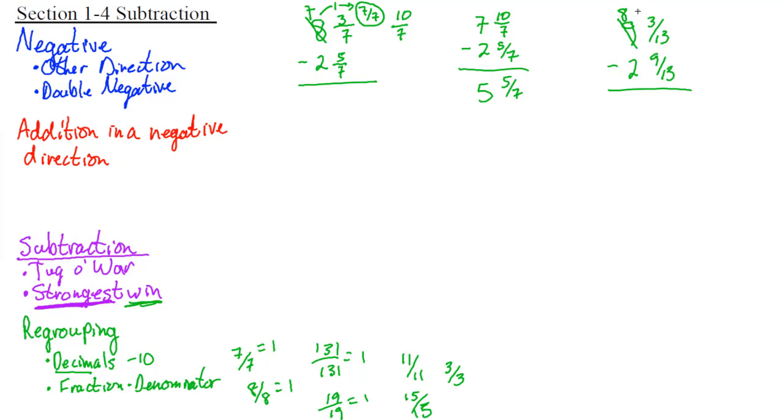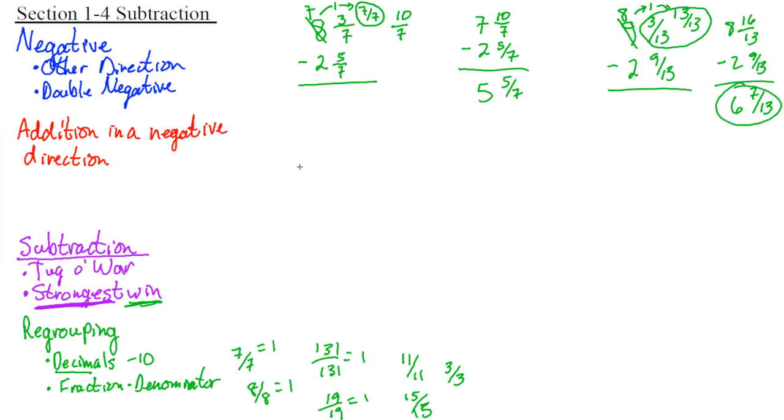And then we have this other 1 that we take over, which is actually 13/13. So these together now make 16/13. So I'm going to write that down. 8 and 16/13. Subtract 2 and 9/13. And now look. Oh, that's nice. Once we have the strongest on top and the bigger one, so we have 16 minus 9, that's 7/13. And 8 minus 2 is 6.